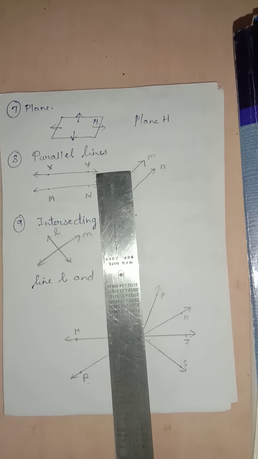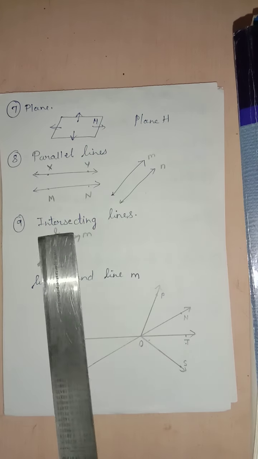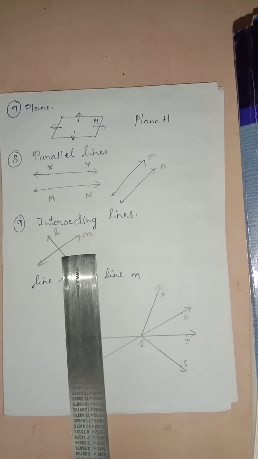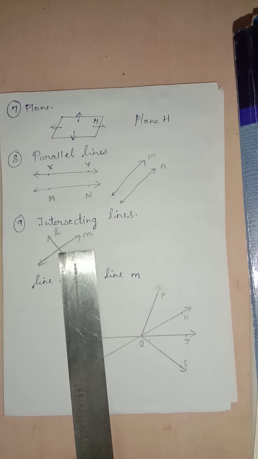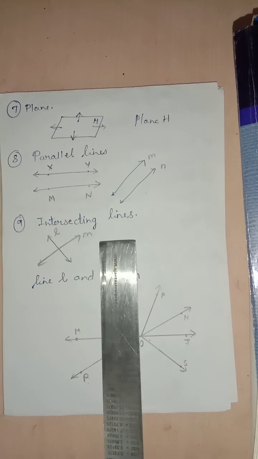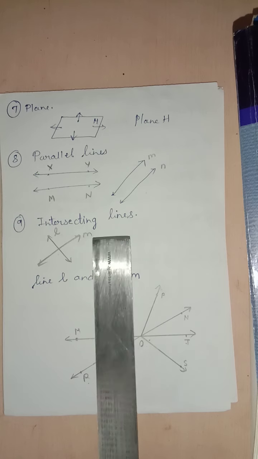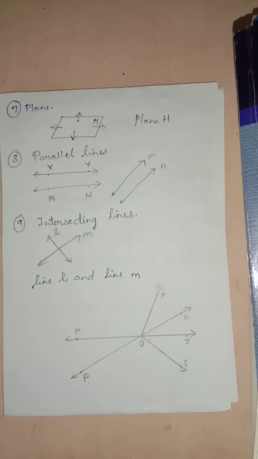Here line XY parallel to line MN. Okay. Next, intersecting lines. The lines which intersect each other are called intersecting lines. So line M is intersecting line L. Okay. So here line L and line M are intersecting lines.